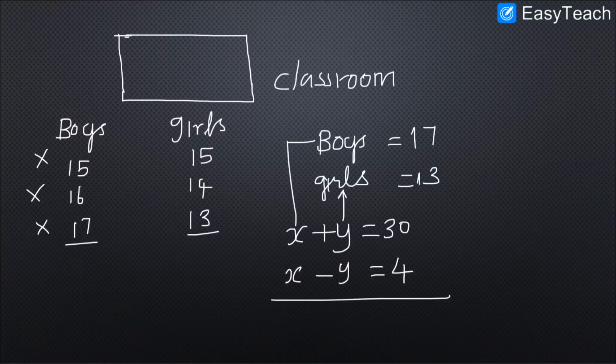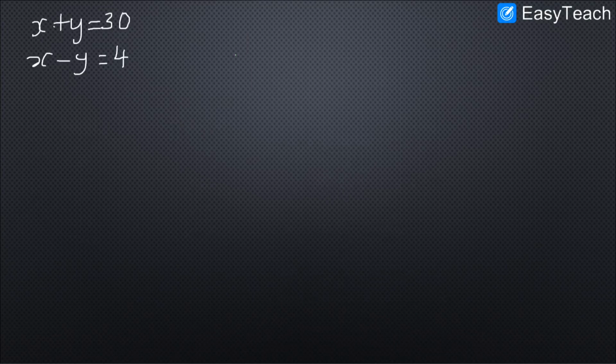If I solve these two equations, I will be able to tell how many boys and how many girls are present in that classroom. There are two ways to solve these equations. The first one is substitution and the other is elimination.